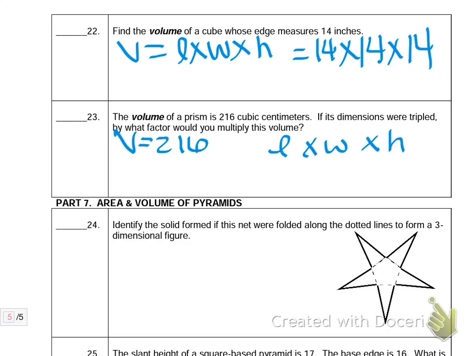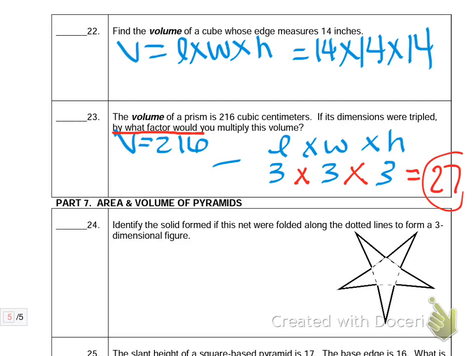Okay, so say that our length is tripled, our width is tripled, and our height is tripled. Then I'm tripling all three of those things, so I'm multiplying those all together. So 3 times 3 times 3 is 27. It's just asking you what factor would you multiply to find the volume. It's not asking for the actual volume, so 27 is going to be the actual answer.